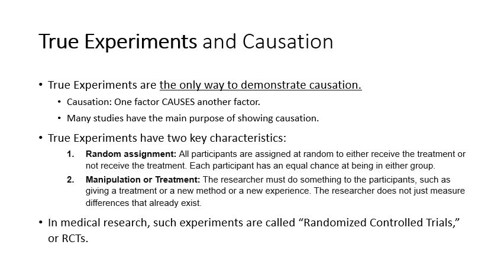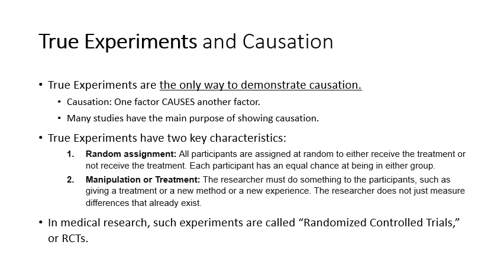So true experiments have two main characteristics, and we can always use these two characteristics as our litmus test of whether it's a true experiment. So first off, we would have random assignment. And what that means is all participants are assigned at random to receive either the treatment or not receive the treatment. Every participant has an equal chance of being in either group.